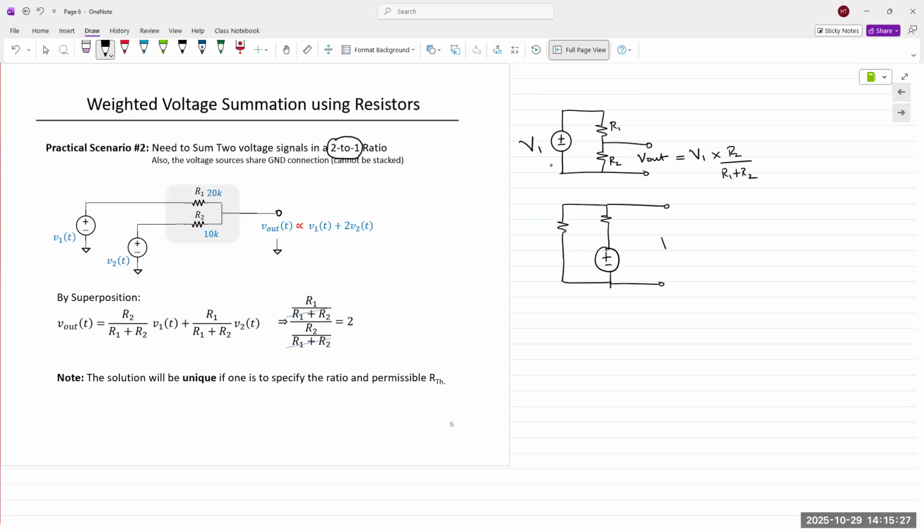This is V2, this is R2, this is R1. Oh, sorry, this is R2. Now, are there any differences between the two circuits?